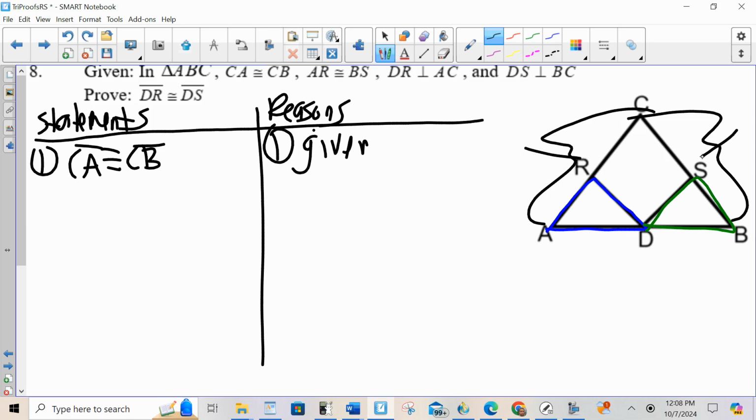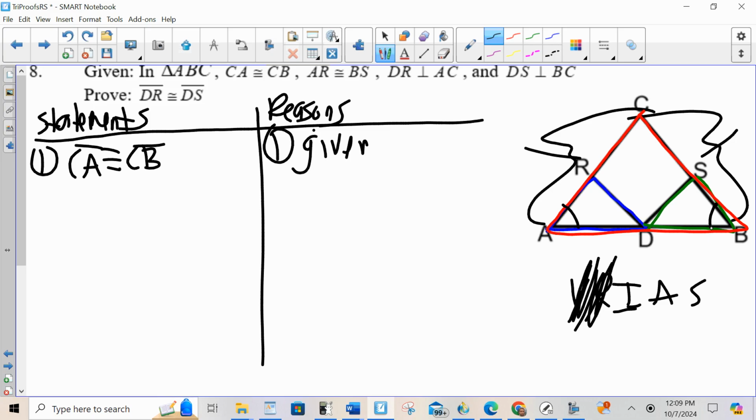Well, let's go through our additional tools. VRIASV. Does it have anything to do with vertical angles? No. Anything to do with reflexive property? No. Anything to do with an isosceles triangle? Yes. If those are congruent, that makes this an isosceles triangle. And an isosceles triangle not only has 2 congruent sides, but it also has 2 congruent angles.